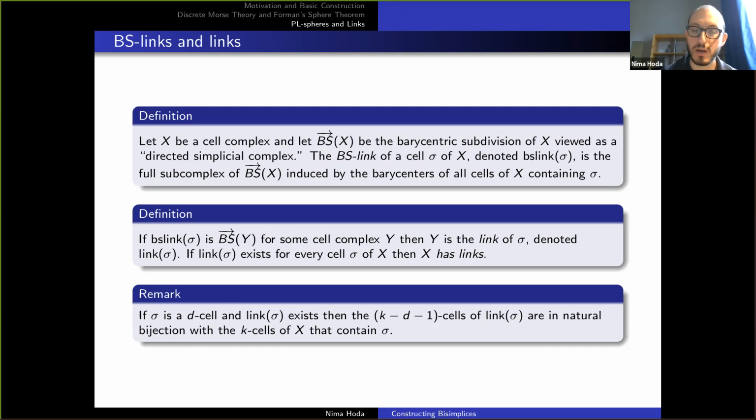Okay, so once we have a cell complex that has links, things work out the way we expect them to, from cubical complexes and simplicial complexes and polyhedral complexes. Polyhedral complexes, for example, always have links.